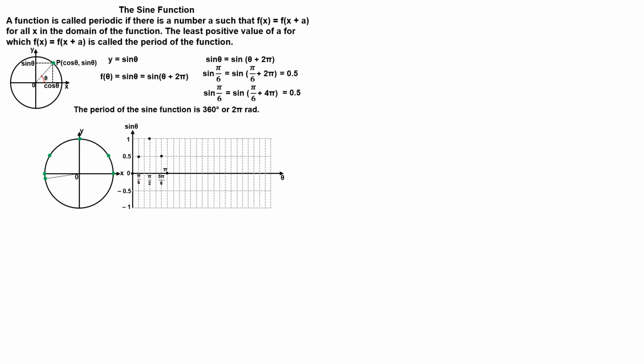The sine of 7 pi over 6 is minus 0.5. At 3 pi over 2, it is minus 1.